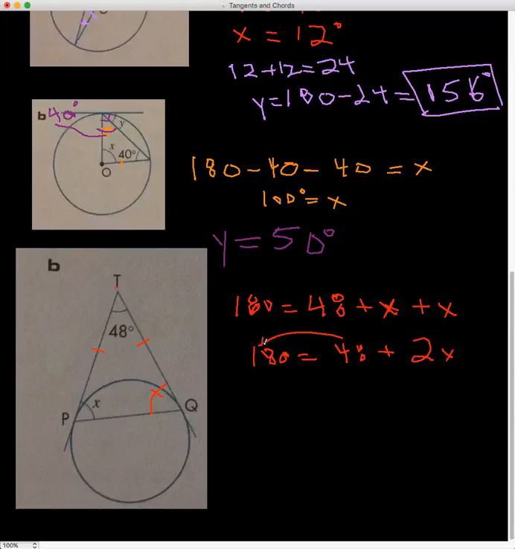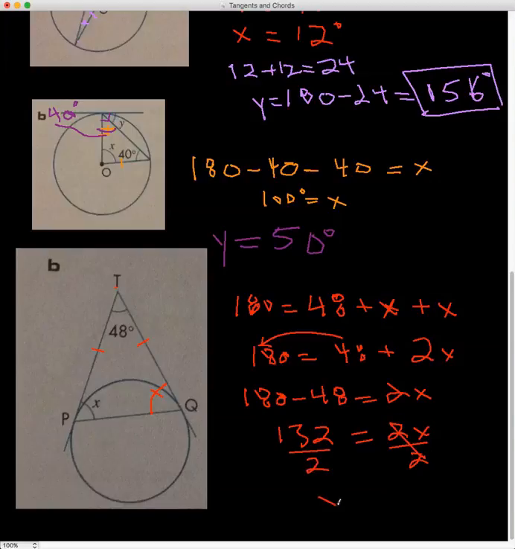I put the 48 over here on this side, so 180 minus 48 equals 2x. And then 180 minus 48, so that's 132, equals 2x. And now finally I divide by 2 on both sides to cancel this 2. And I have x is equal to 65 in this case. So there's our angle for x using this theorem here.